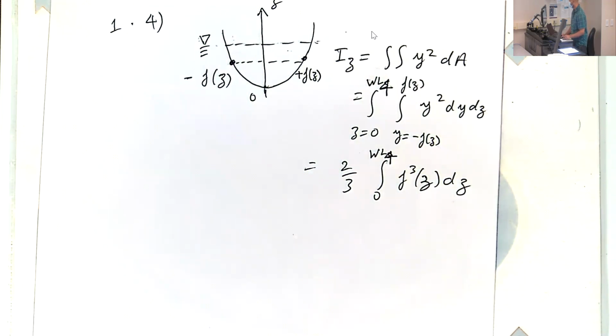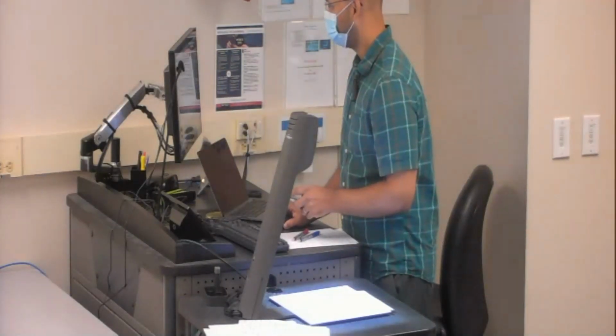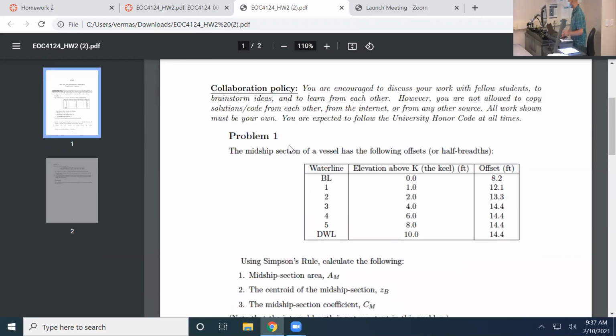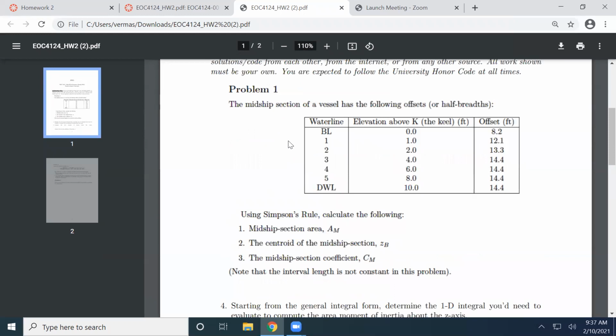Let me switch back to the homework. All right, more questions? I'm still confused on that. In problem 1, we have BL, and then we have 1, 2, 3, 4, 5, 6, 7 values going to DWL, and I assume BL was at the keel and DWL was at the waterline. Am I wrong on that? BL, you're correct, that's the keel.